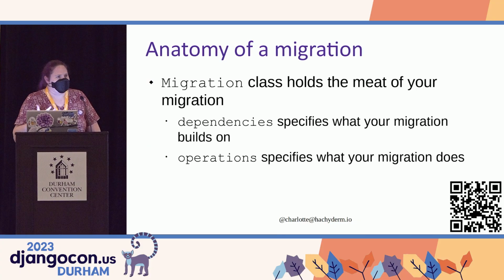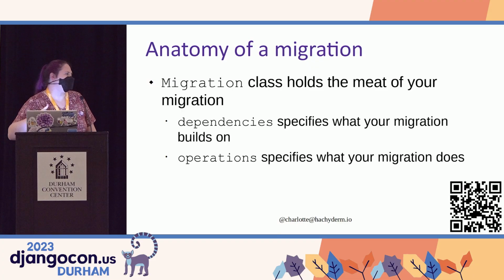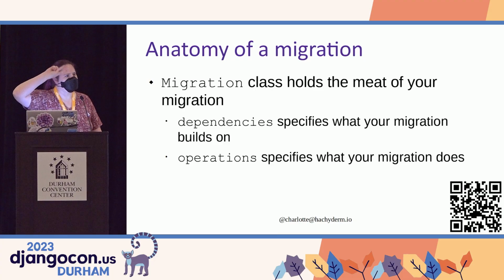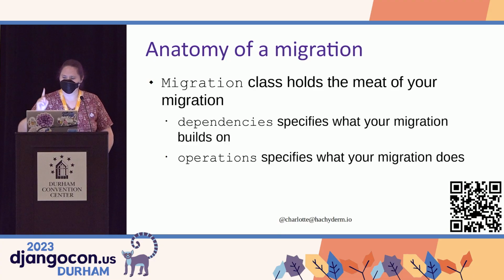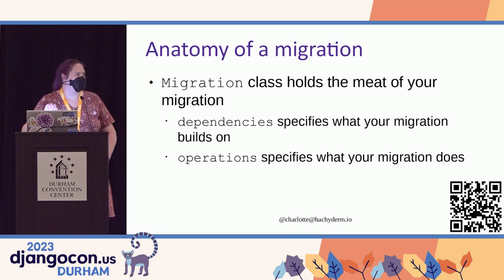So at the core of it, despite the fact that a migration might look intimidating, especially to somebody for whom this is one of their first exposures to coding, it's literally just one migration class that's going to hold two main important things. It's going to hold your dependencies, which tell Django what your migration builds on, what the last migrations were, and your operations, which tell it what to go and do to the database to make the database line up with what your Django app has defined.